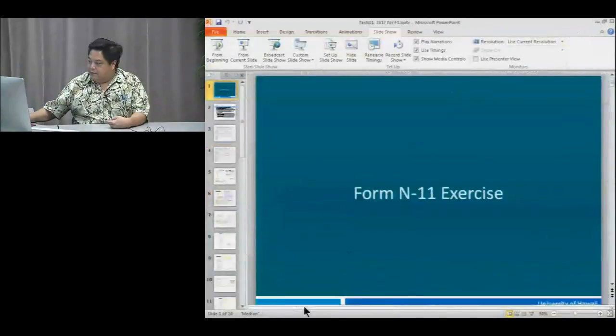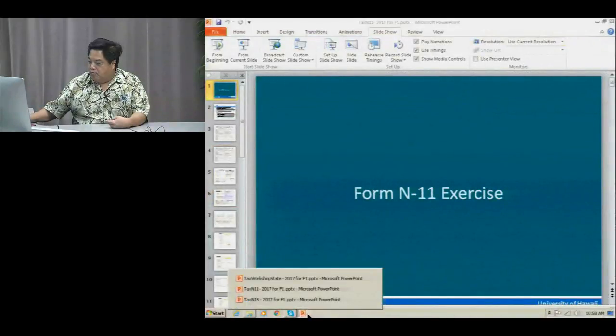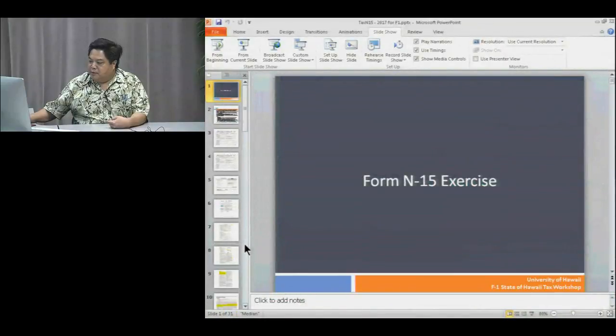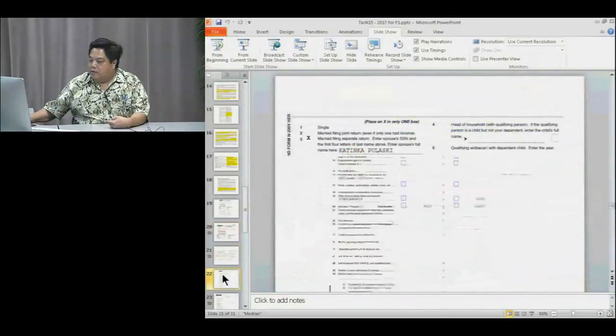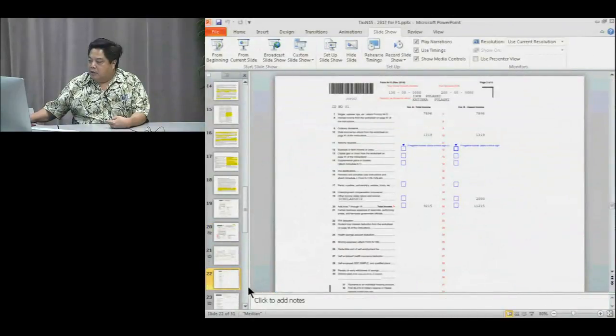Let me see. If you're F1, then we recommend that you do the N15, and on your W2, line 7 would be your wages, which is box 1.